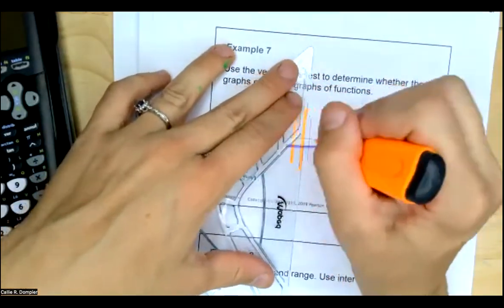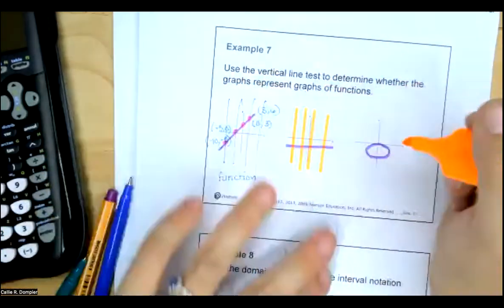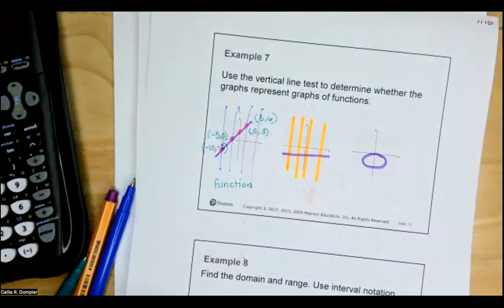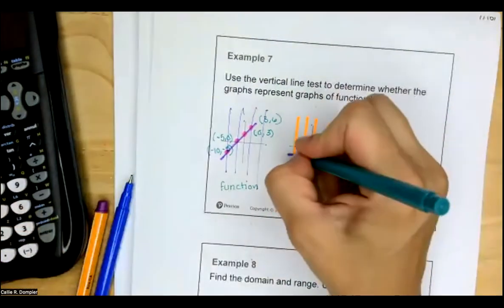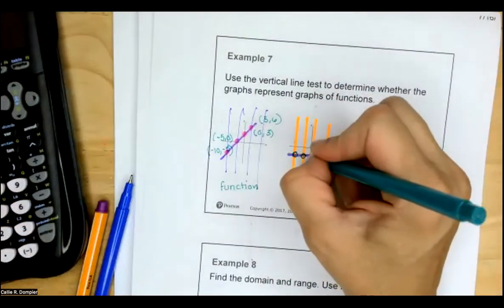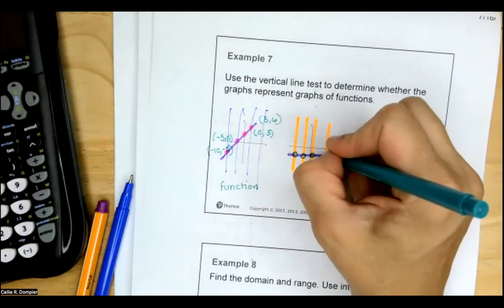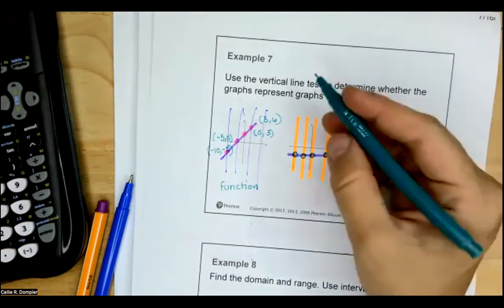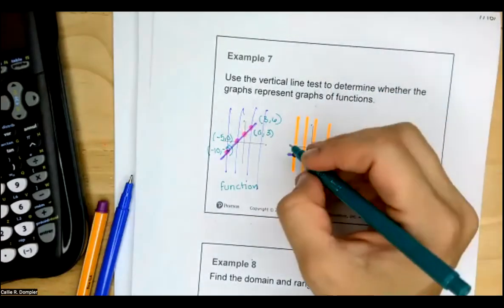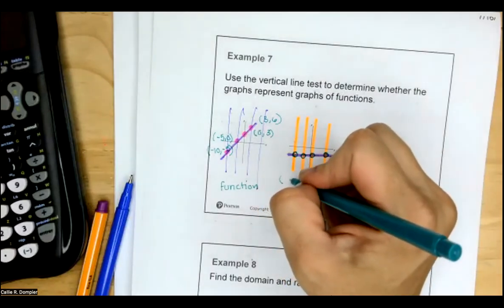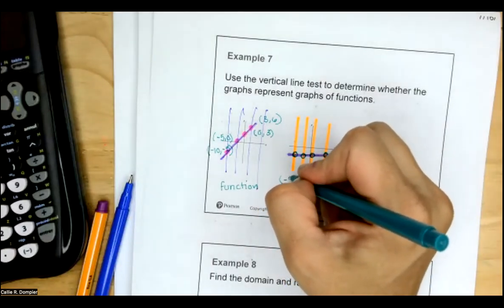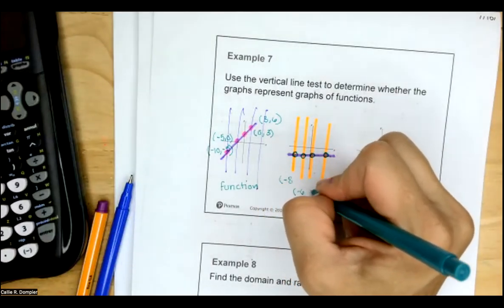Vertical line, vertical line, vertical line, vertical line. Each of those, there's one place where they cross. I know my lines are very wide because I'm using markers, but that is only one point, right? So maybe here x is -8. Here x is -6.